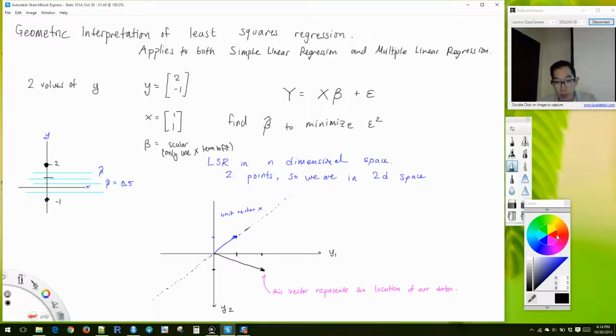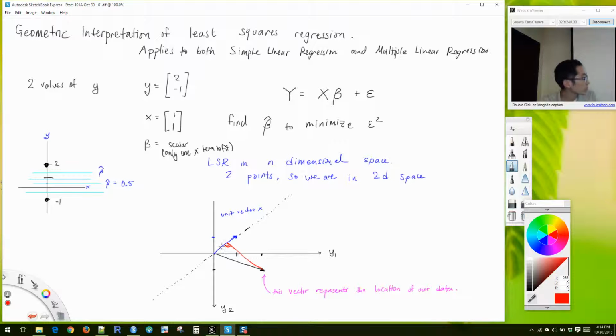Visually that means we're going to have a right angle between the location of our data and where we're located on here. Does that make sense? So we're projecting the vector representing our data onto our x vector. That is what we're trying to do.